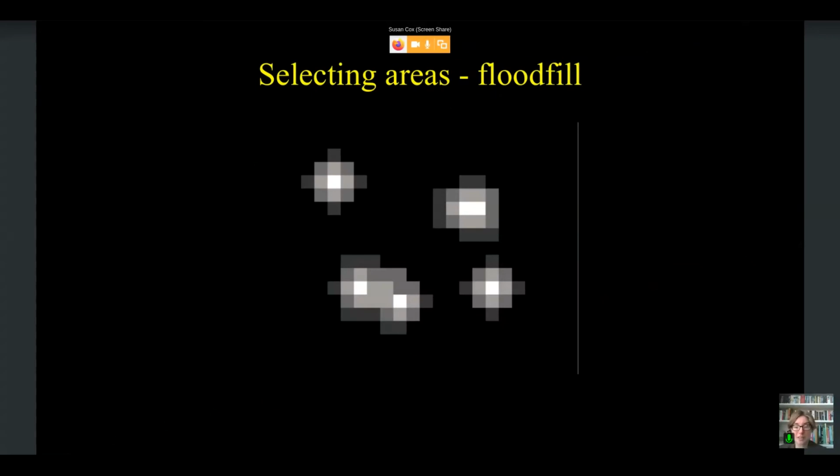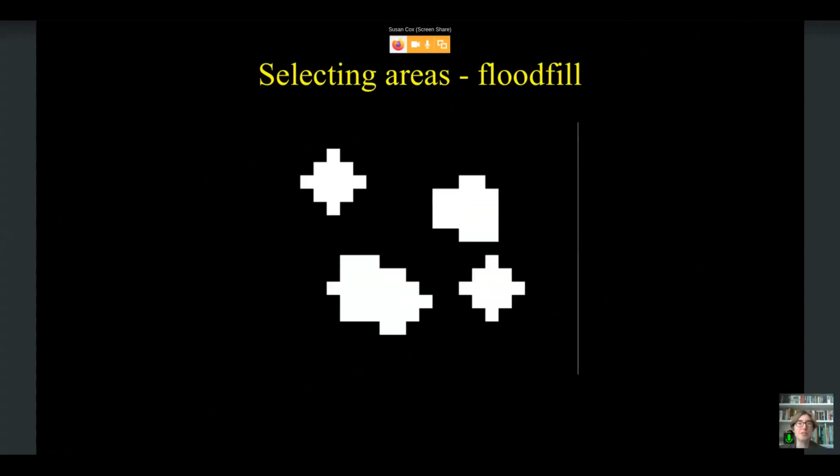Okay, so we have a few fluorophores on, and obviously in this image that I've given you, I have a few fluorophores which appear to be single, and then I have what looks like a pair. So I'm going to demonstrate an algorithm called flood fill. So here we firstly simply threshold out all the areas.